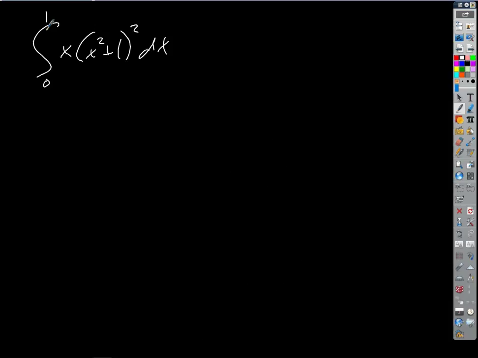So we could. But could a u substitution make this easier? Yeah, it could, a lot easier. How could we speed up this process with a u substitution here? u equals x squared plus 1. So what's that make du? 2x dx. Okay, good.